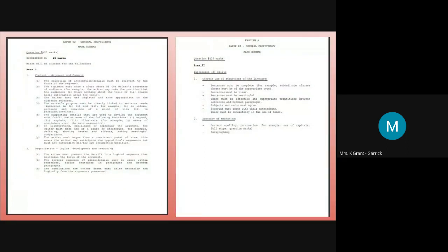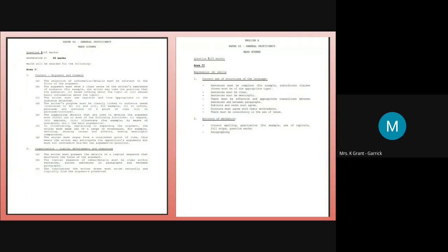So what is it that CSEC is looking for in section D? In section D, or question 5, CSEC is looking to see that the content has argument and comment. So the information that you have selected must be relevant.